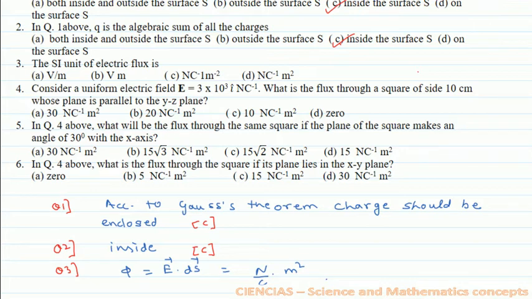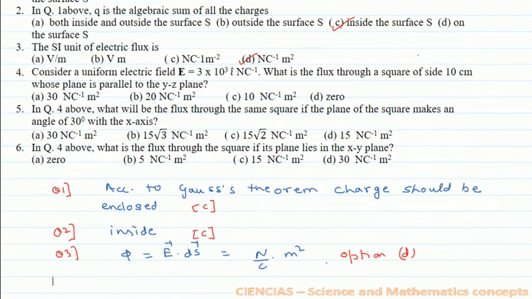So Newton per coulomb meter square is given in the question as option D. But electric field is also written as volt per meter. Volt per meter into meter square, so one meter will cancel. So this is volt meter, and in the question volt meter is option B also. So in this question two options are correct, option B as well as option D.